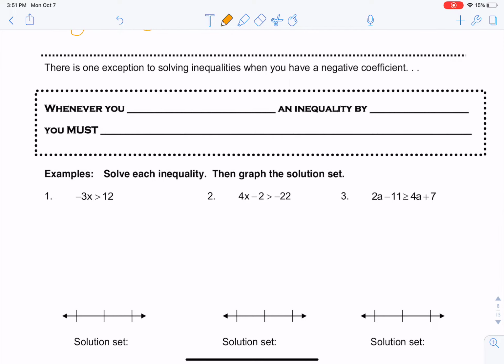So let's talk about this special rule. Put a star, put arrows, whatever you need to do around this special rule today. Okay, whenever you are multiplying or dividing, which you are going to do today, whenever you multiply or divide an inequality by a negative number, so those negative coefficients, you have to flip the inequality symbol.